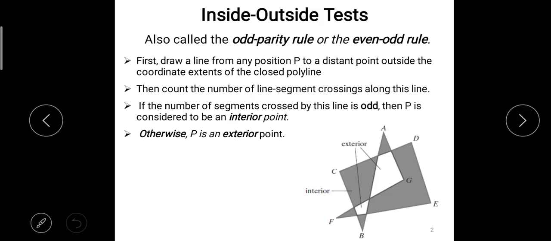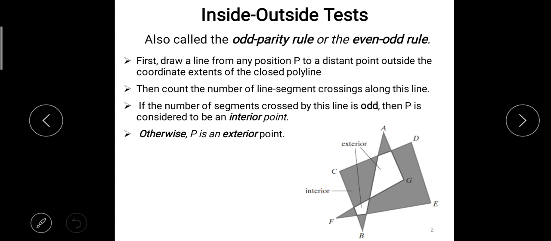The first algorithm is the even odd rule, which we call the odd parity rule, or it is also termed the inside outside test. So what does this algorithm say?